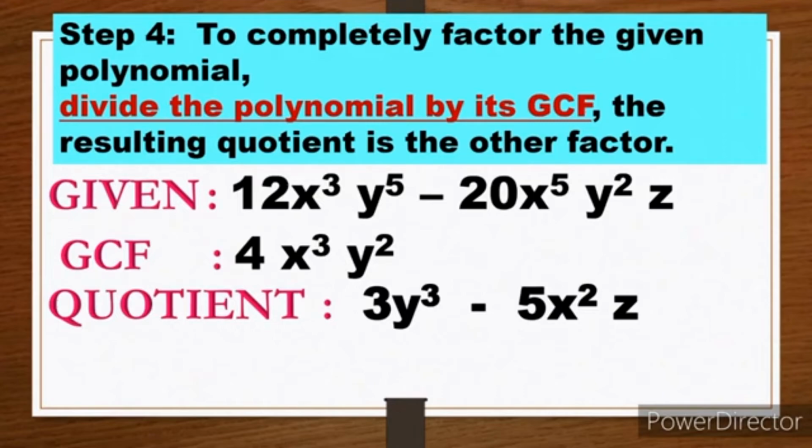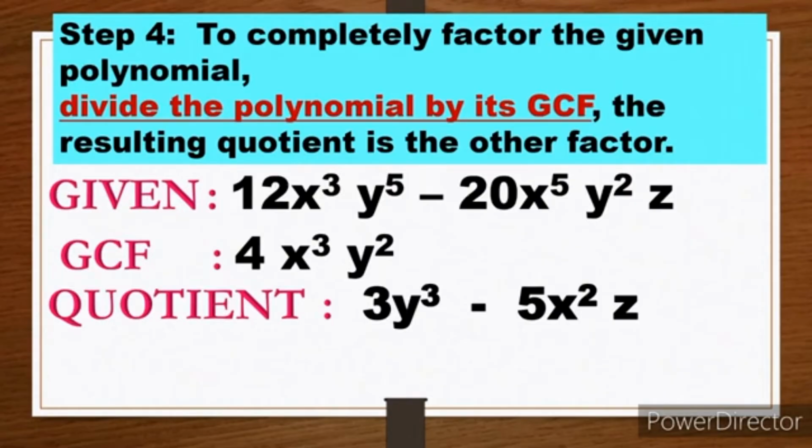To find the quotient, 12 divided by 4 is 3. x cubed divided by x cubed: pag nagdi-divide tayo, nagsusubtract tayo ng exponent. So 3 minus 3 is 0, and any number na naka-raise to 0 is equal to 1, or we can cancel x cubed. Next, y raised to 5 divided by y squared. 5 minus 2 is 3. Therefore, we have 3y cubed.